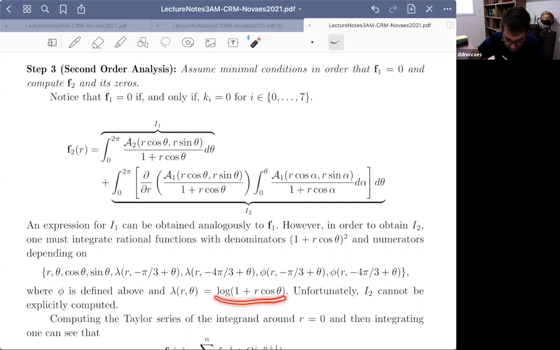Lambda is this logarithmic function, and in particular, when we have to integrate this phi, we cannot do it. Okay, we cannot compute this integral. So unfortunately, this part of the function f2 cannot be explicitly computed.